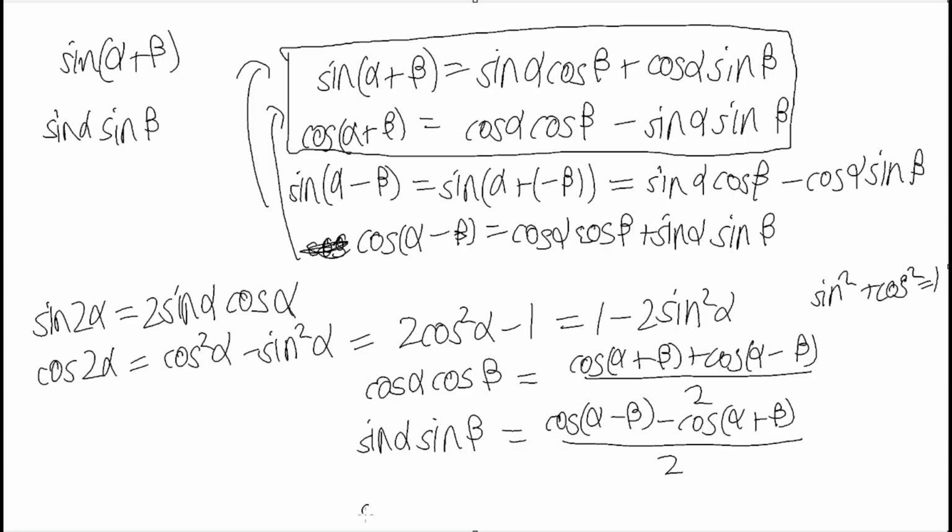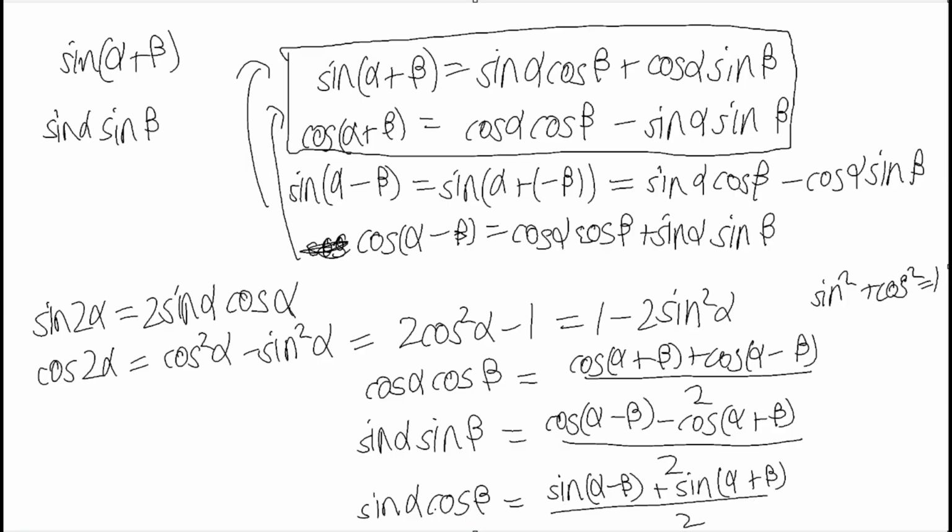And finally, if we want to combine sine and cosine, then this is equal to sine of alpha minus beta, because that's where the sine formula comes in, plus sine of alpha plus beta all over 2. So all of these identities are very, very useful. And all of them stem from these main 2 identities.